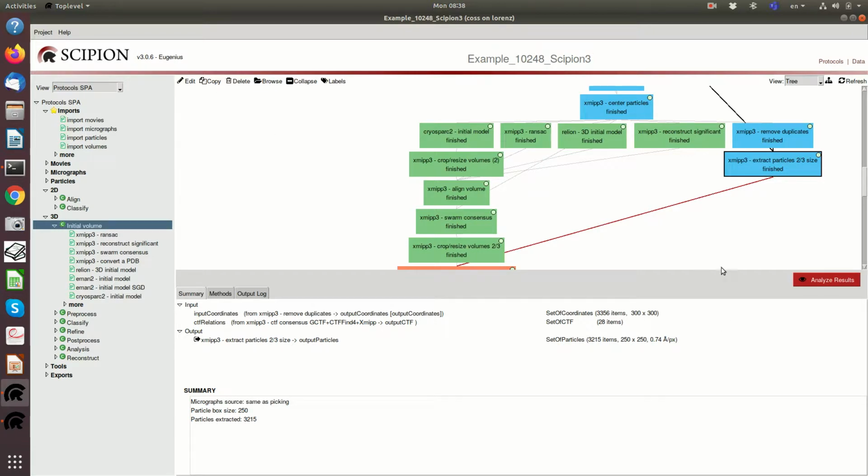We said that we have a data set that is practically limited in this case, because of the beam tilt correction, to around 2-3 angstroms resolution. So Nyquist for 2 angstrom resolution is 1, so we should extract at least at 1 angstrom per pixel. We have done it a bit smaller.